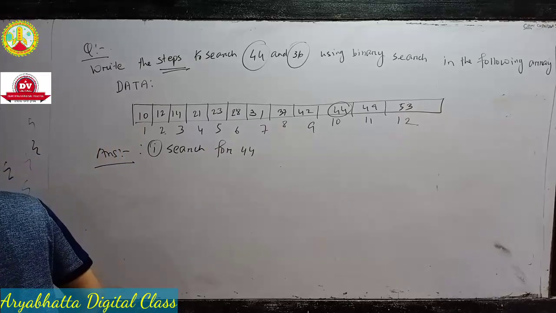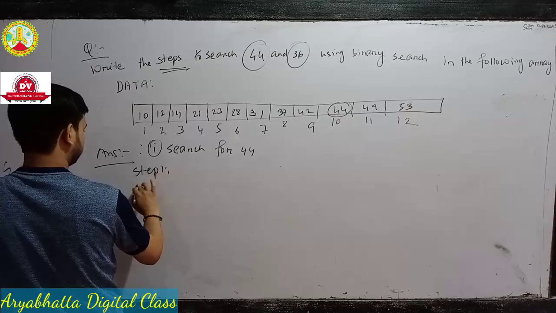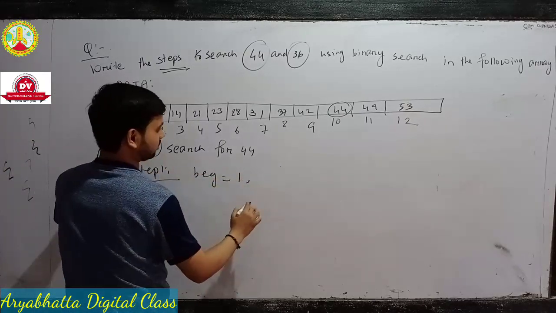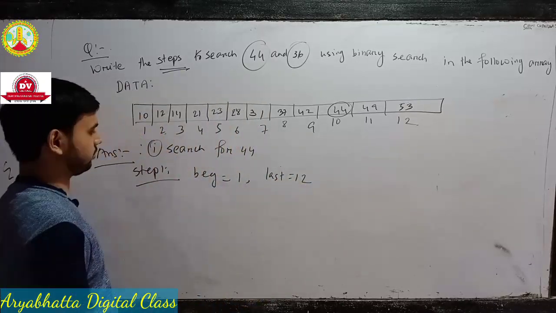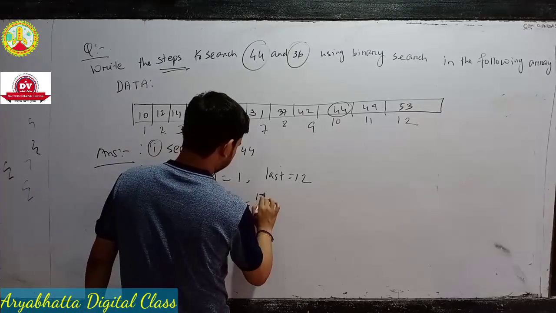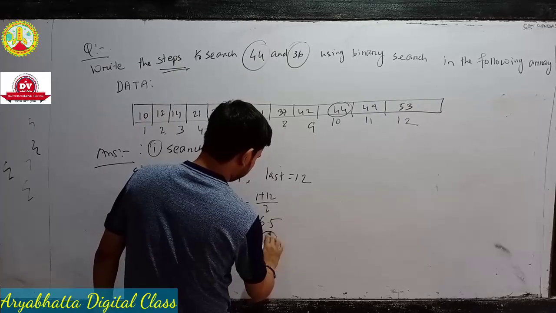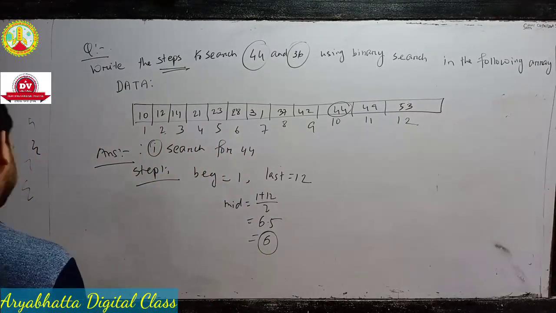Okay, see, step 1. Your beginning will be 1, and last will be 12. Mid will be 1 plus 12 divided by 2, which is 6.5, so you take it as 6.